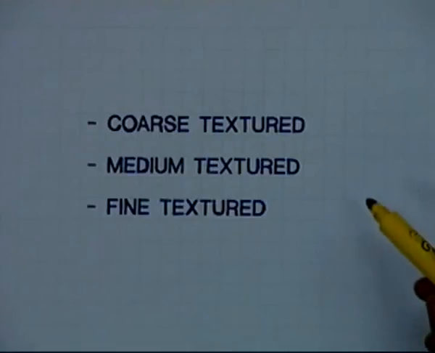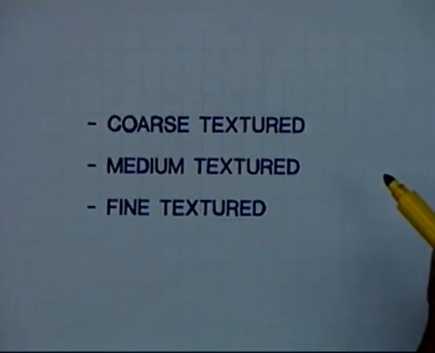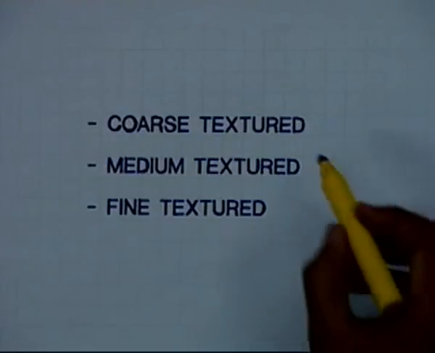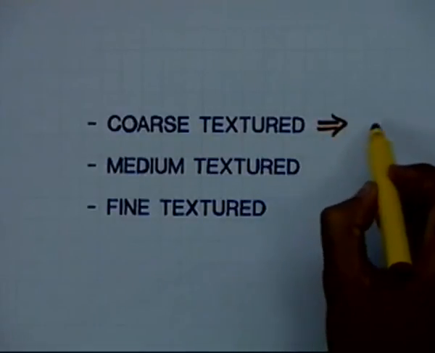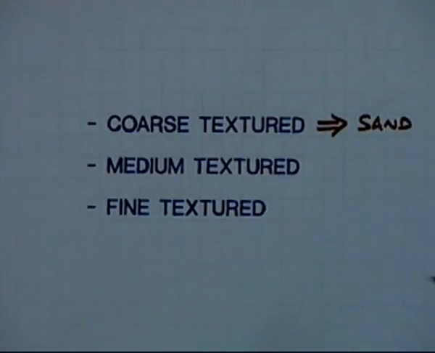Now for these three classifications, there are different names given. The coarse textured soils are the ones which predominantly have more sand components, so they are sand predominant soils. They are also sometimes termed as sandy or light soils.